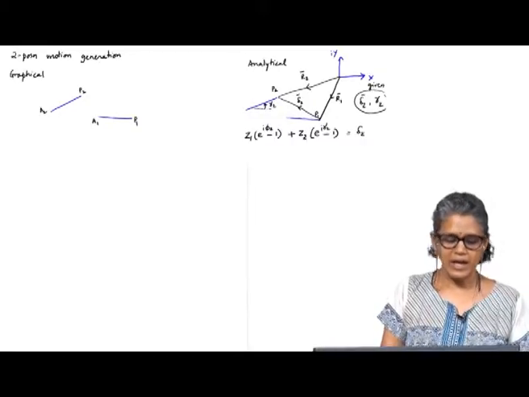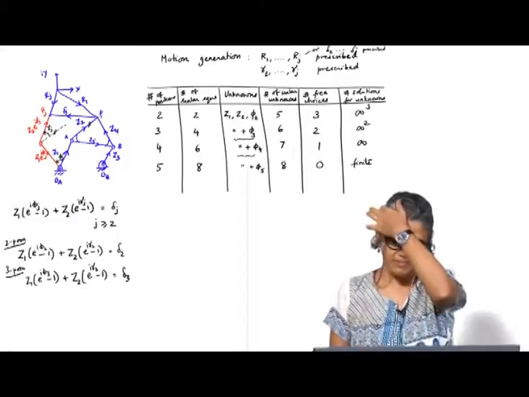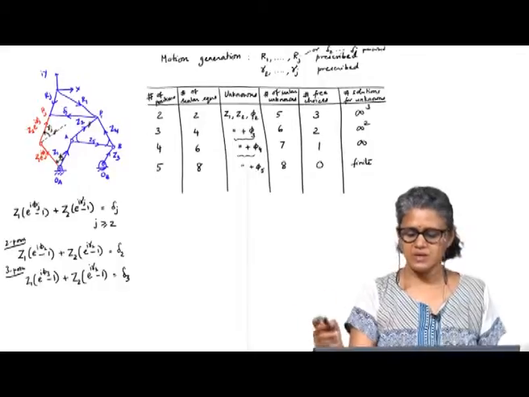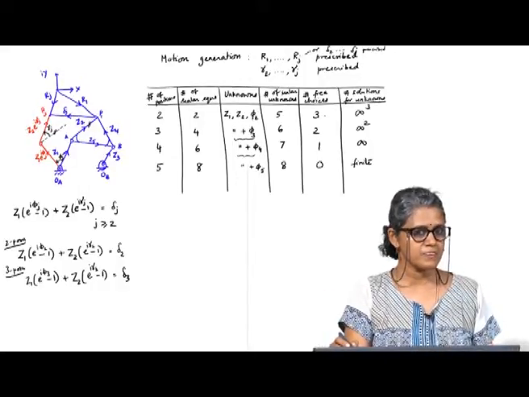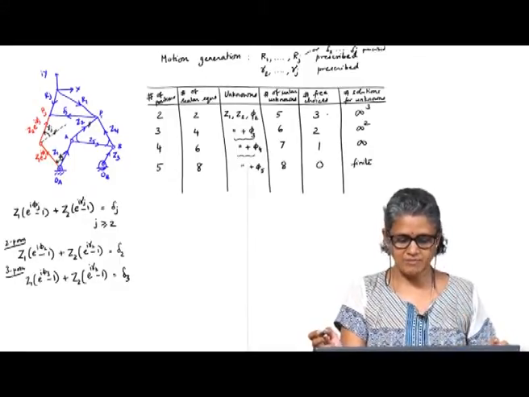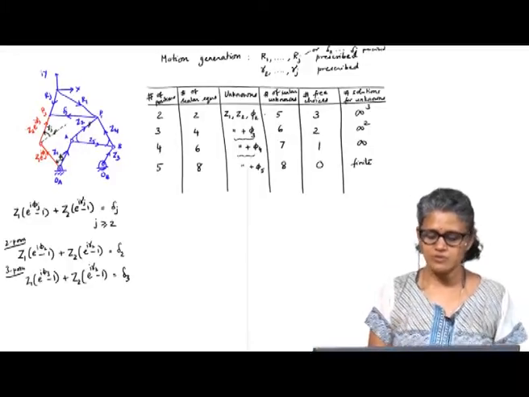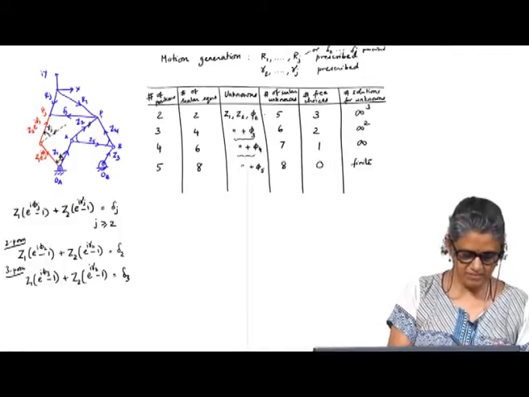And I know from this table here that I have 3 free choices for the solution. I have these as my unknowns Z1, Z2, and the number of free choices is 3.